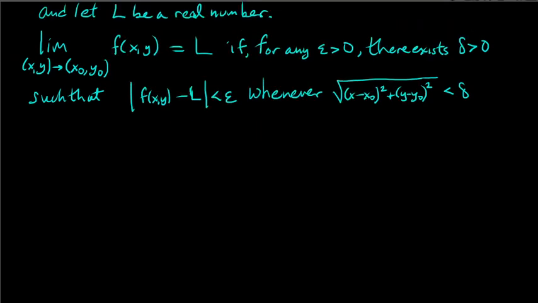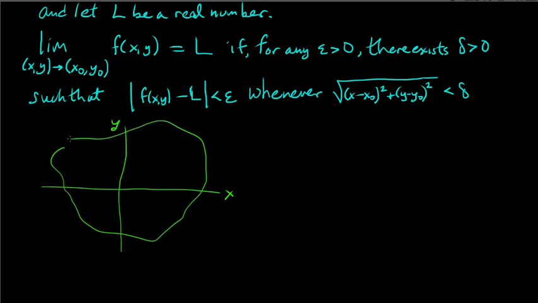So here's the way to think of it. We have the xy plane, and we have the domain. Let's suppose this is the domain of the function. And what the function does is it takes a point, let's say right here, and let's suppose that point is specifically x0, y0.